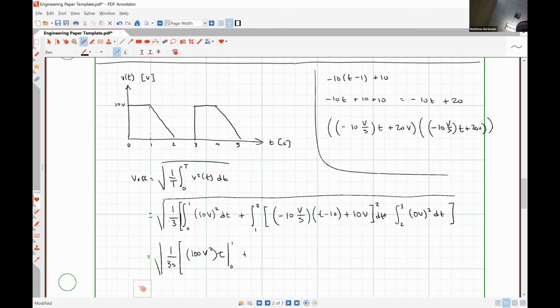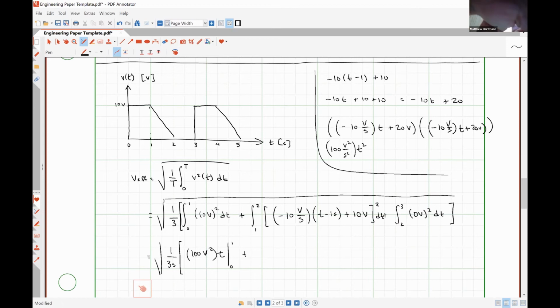So negative 10 volts per second times negative 10 volts per second is going to give me 100 volts squared per second squared. t times t gives me t squared.